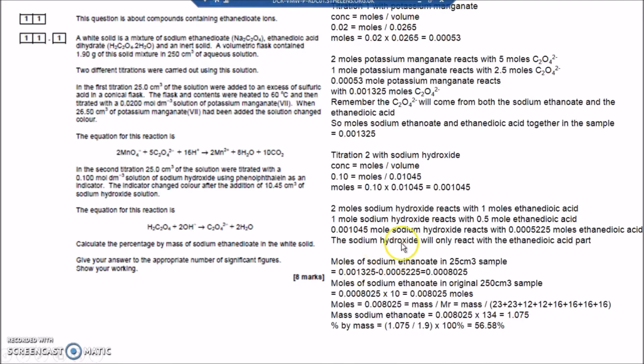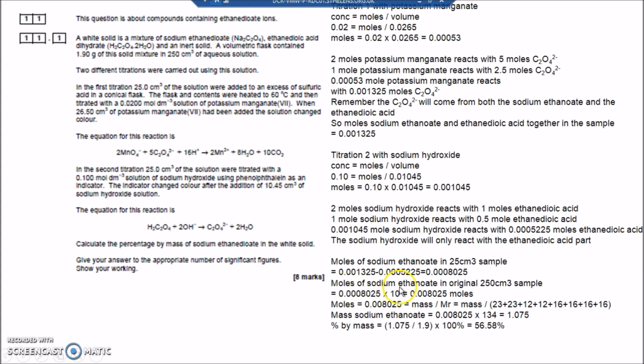So I know the total number of moles of these two chemicals added together is 0.001325. I know the number of moles of ethane dioic acid dihydrate is just 0.005225. So if I subtract the two, I end up with a number 0.008025. This must be the number of moles of sodium ethane dioate on its own.